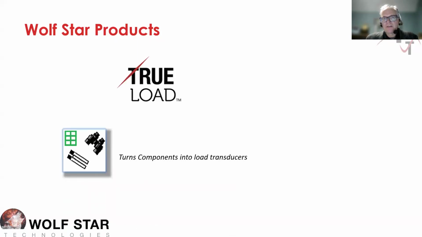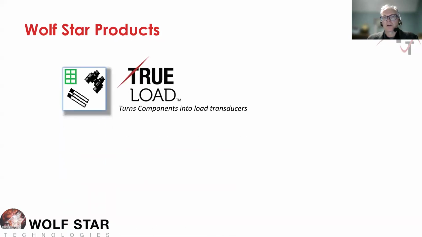So, getting into the products from Wolf Star Technologies. Our flagship product is called TrueLoad. It basically turns components into load transducers. We have users set up on their FEA models a series of unit load cases. We look at the strain results from those unit load cases, identify places to place strain gauges on the structure, and then extract a correlation matrix that relates strain response to the unit loads.